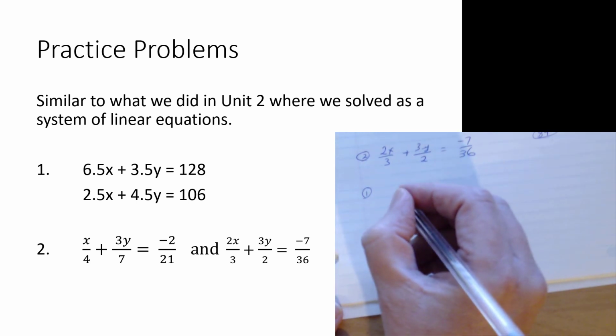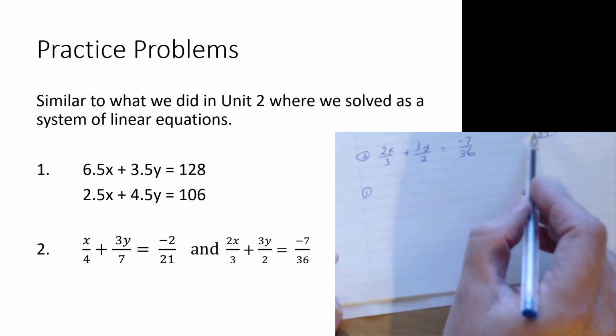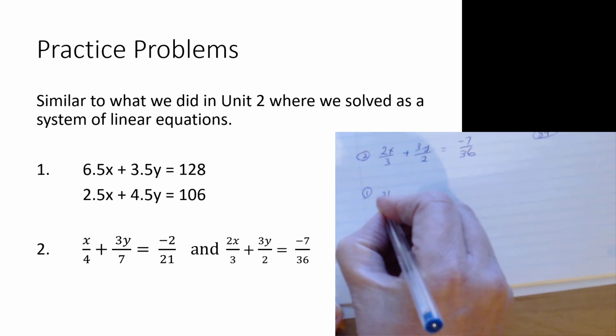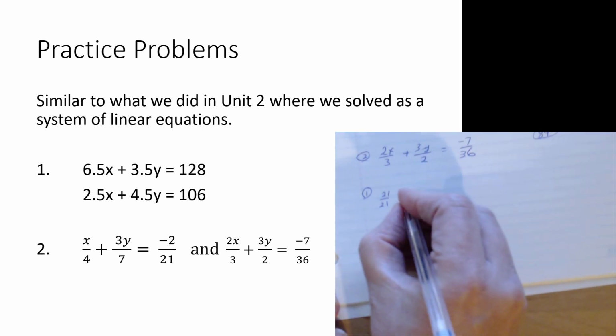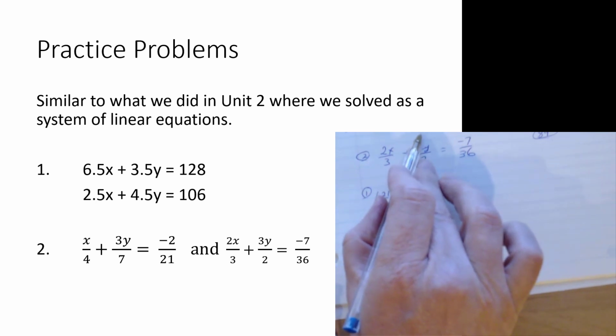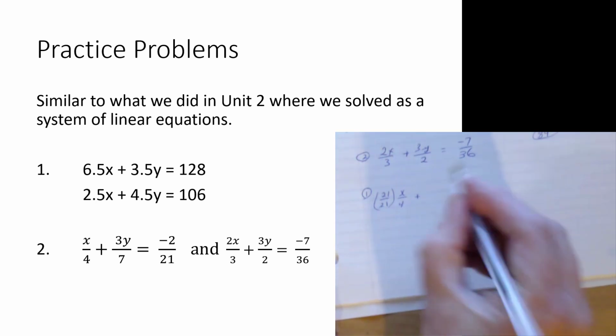So what I'm essentially going to do is, 4 goes into 84 21 times. So I'm going to take 21 over 21, which we know is just 1, and multiply that by the x over 4. And then the 7. 7 goes into 84 12 times.